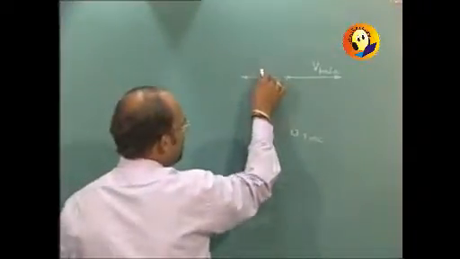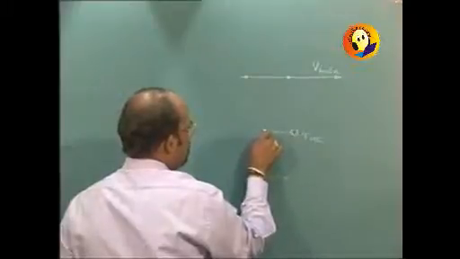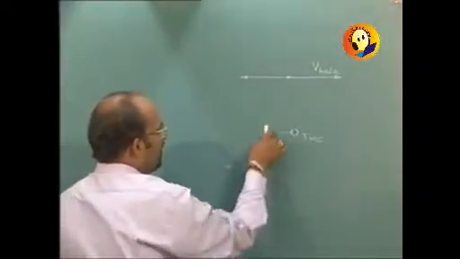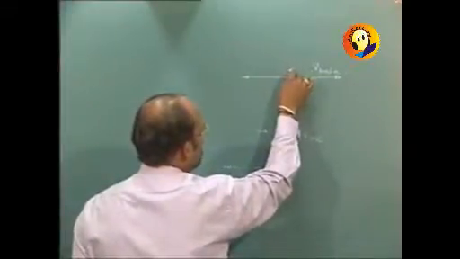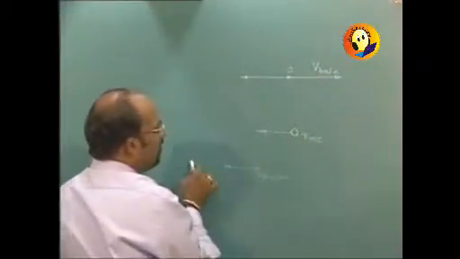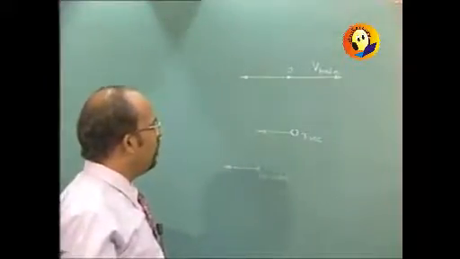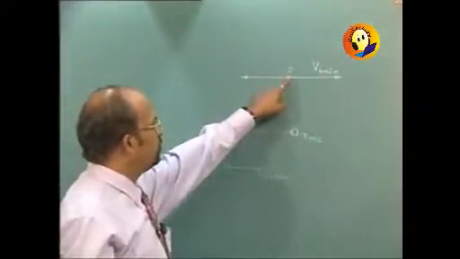Then this velocity will be applied to the tree, the same velocity will be applied to the person, and effectively this velocity becomes 0 and the other objects are found to be moving in the opposite direction. So we will be finding velocity of the tree with respect to train.